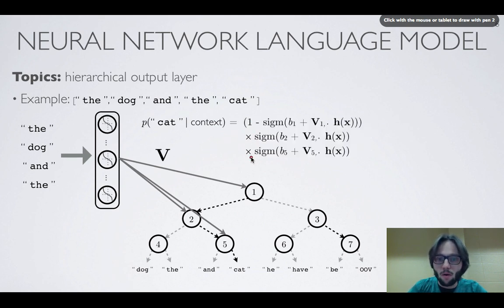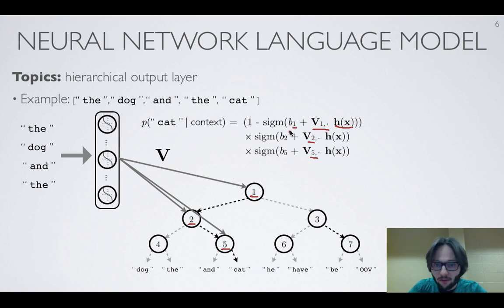And then, like I said before, I'll use my model to compute these probabilities, and they're going to be computed as the hidden layer multiplied by the associated row in my matrix of connections V. So we see here that we're taking the first row for the first node, the second row for the second node, and then the fifth row for the fifth node in my tree.